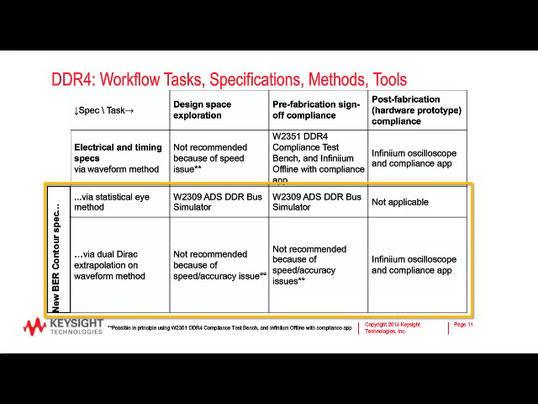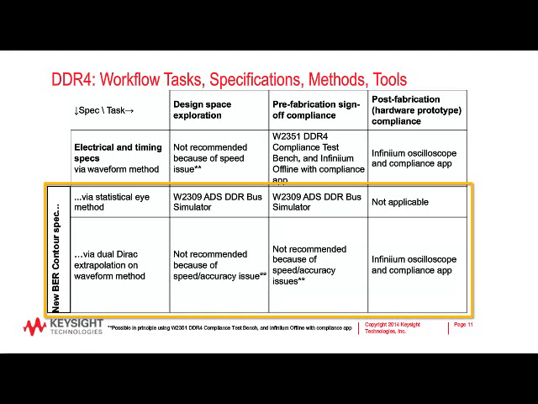You can apply dual Dirac to a conventional waveform. We don't recommend this method for design space exploration. We recommend that you use the Statistical Eye method to do your design space exploration. I'll explain why that is in a second. It's basically because the Statistical Eye is extremely fast. We recommend using this method for signing off your DDR contour because you can't run enough bits in simulation to get enough data to get an accurate dual Dirac extrapolation.